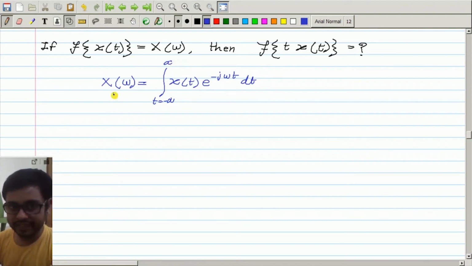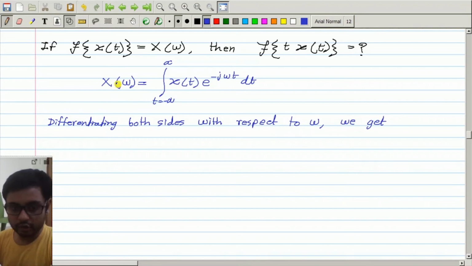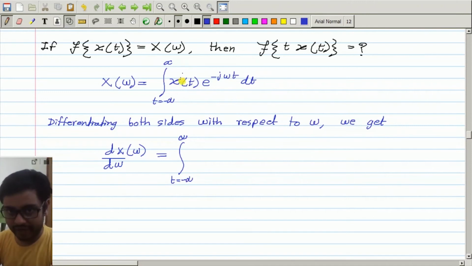Now let us differentiate this equation both the sides with respect to omega. So the left side will become dX/d omega and the right side will become integration from minus infinity to plus infinity. Now we have to differentiate these terms with respect to omega, but small x(t) is not a function of omega, so that we can keep as it is like a constant.